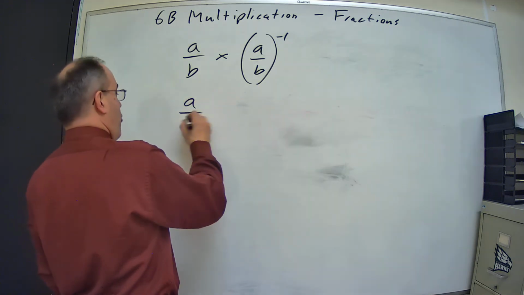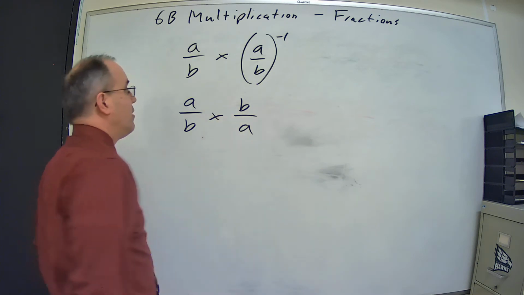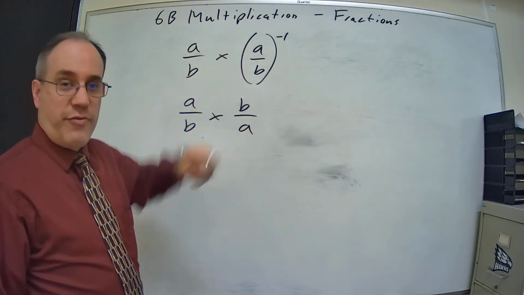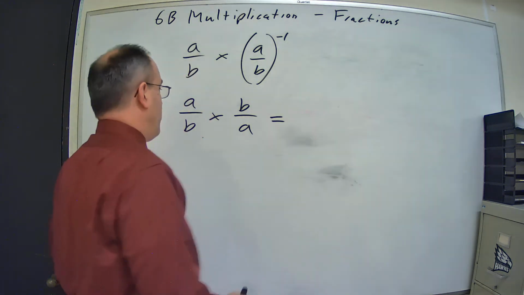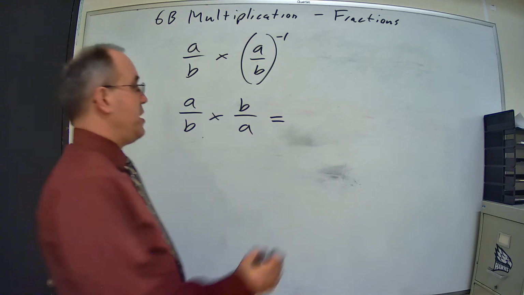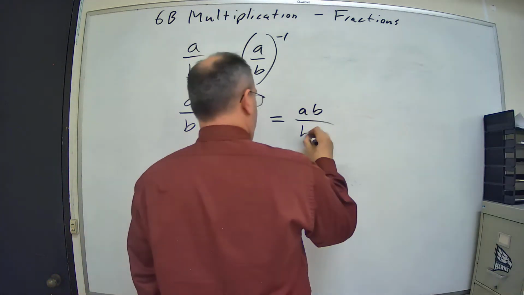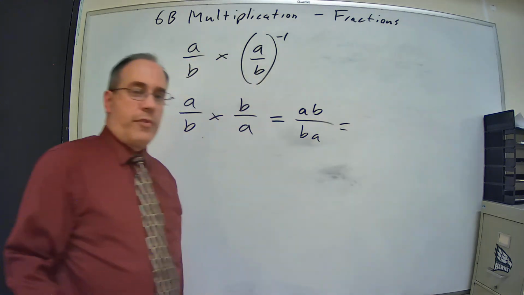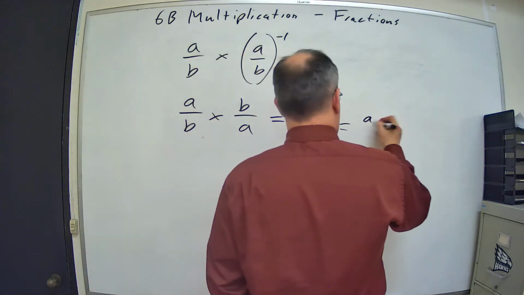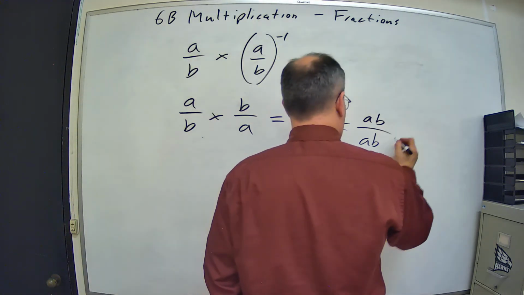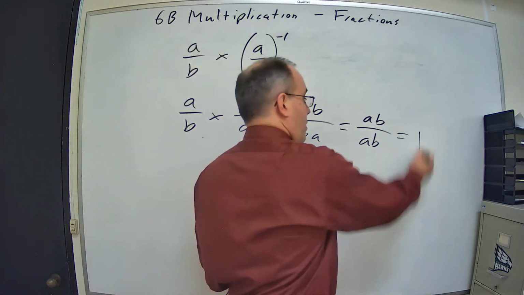Then that's a over b times b over a. Right? The reciprocal is just flipping the numerator and the denominator. Well, multiplying across, that's a times b over b times a. The commutative property of multiplication says I can swap the order. So a times b divided by a times b. Well, I've got the same thing on the top and same thing on the bottom. That's 1.